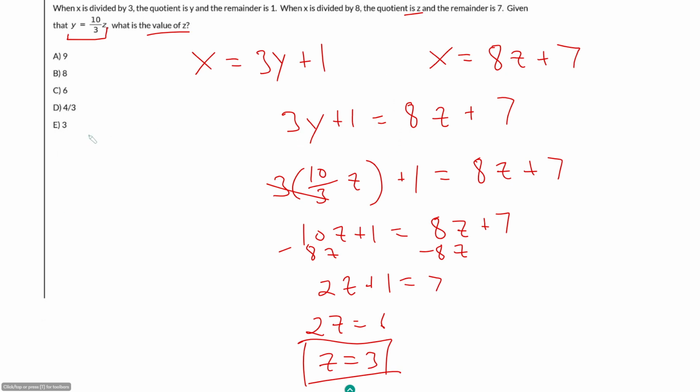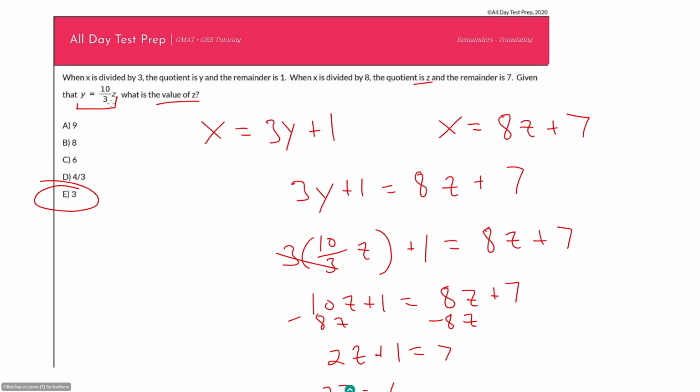So E looks to be our answer. And so can we use this as a check here? If z is equal to 3, y should be equal to 10, right? And so does that fit with our equations here?